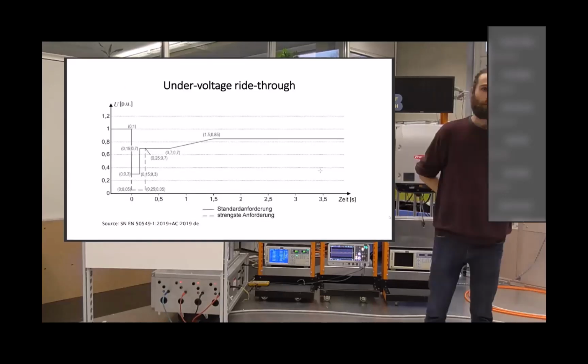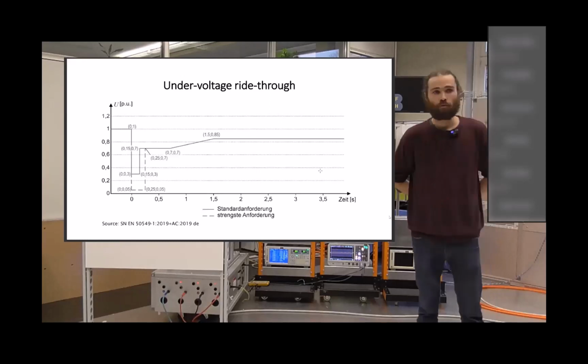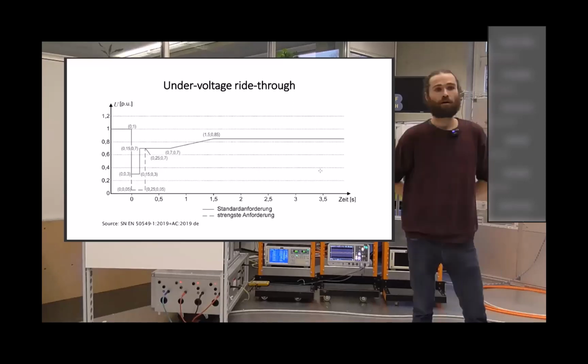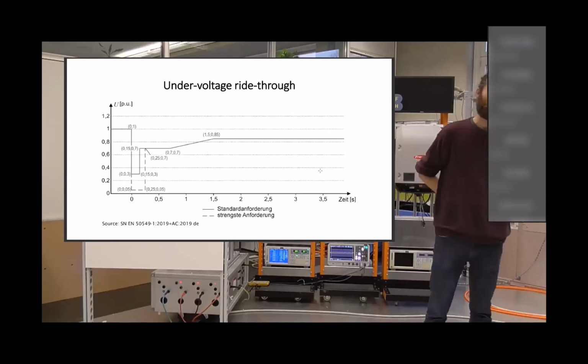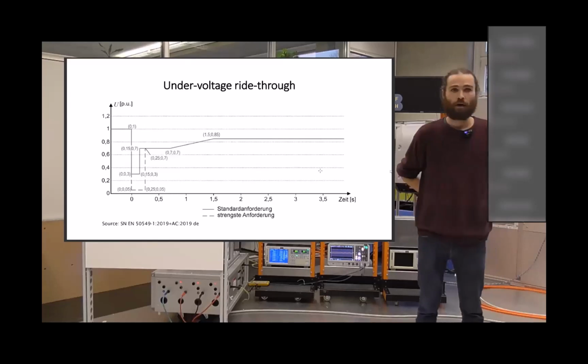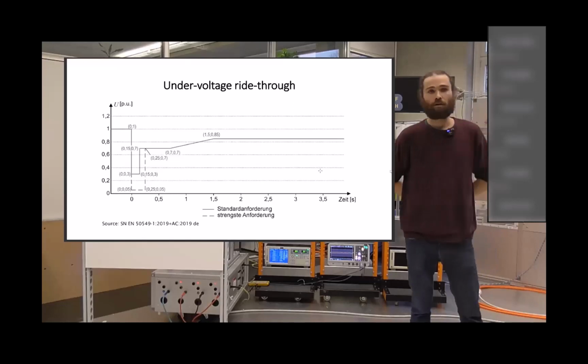On this slide, you can see what should happen in this test. This black line is the voltage, how it's written in the standards. We go down with the voltage quite a lot to 30% for just a short time, and then go back to the nominal voltage. And the inverter shouldn't disconnect from the grid.